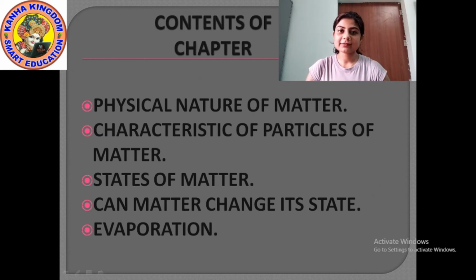Evaporation is a process in which a liquid is turned into gaseous state by providing some heat. When you increase the temperature of a liquid, it will get evaporated and change into vapor. Understood?